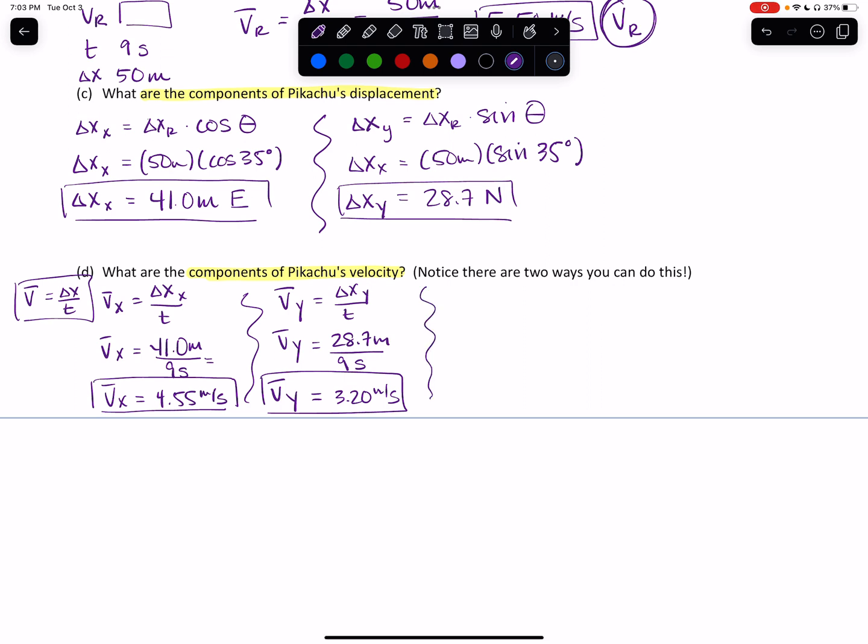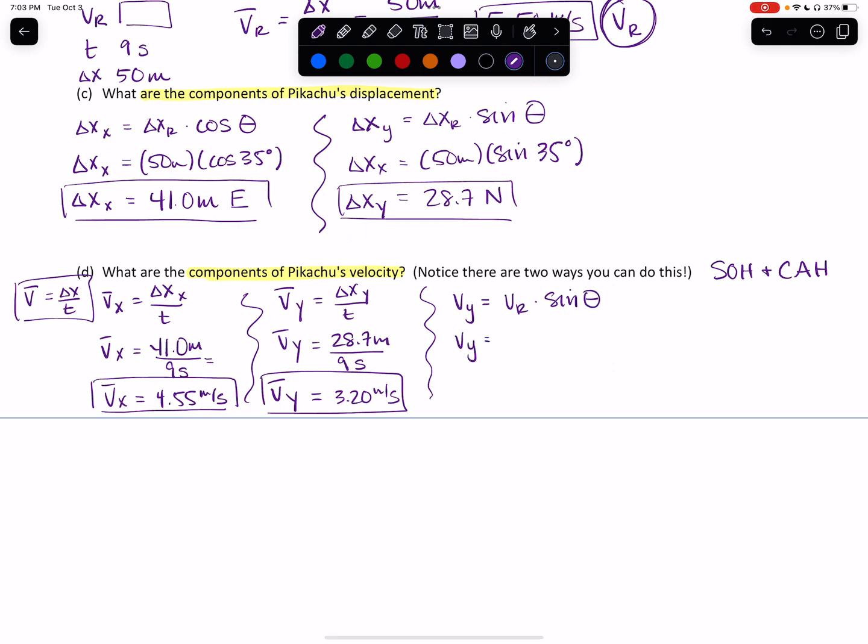So that's one way to do it, just using our average velocity formula. The other way is to use our SOHCAHTOA, or SOH and CAH rather. If we're looking for the vertical component of our velocity, that's going to be equal to the resultant velocity times the sine of theta.